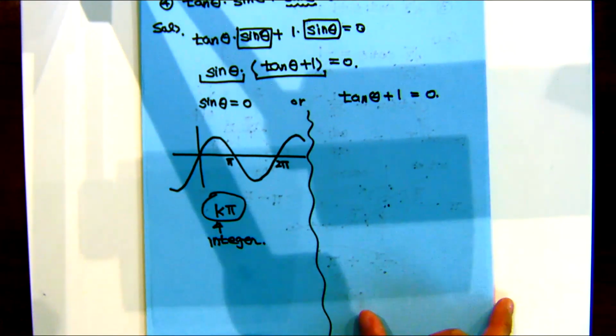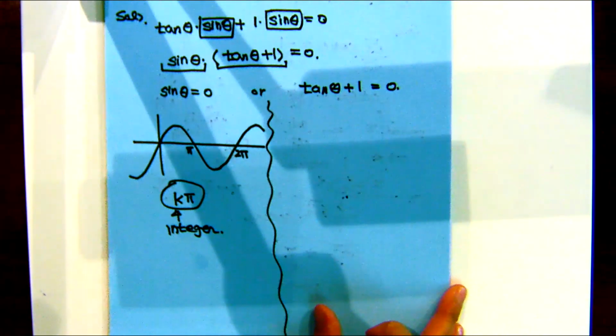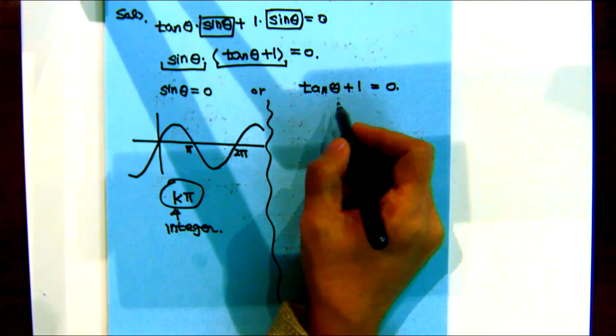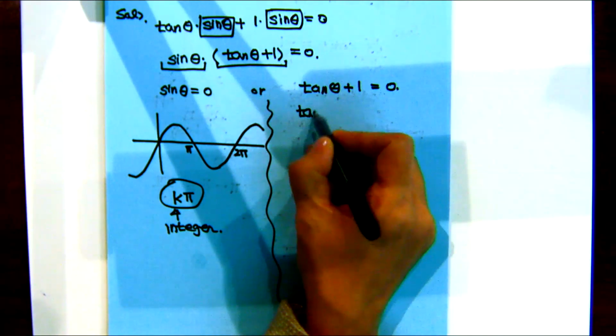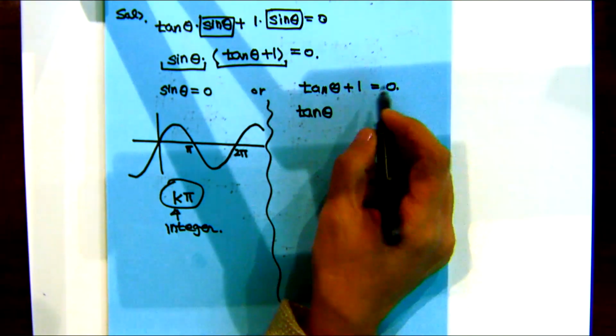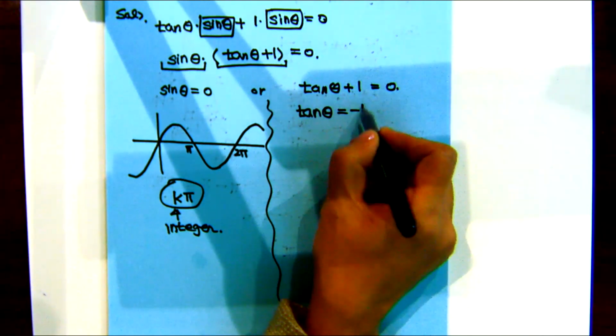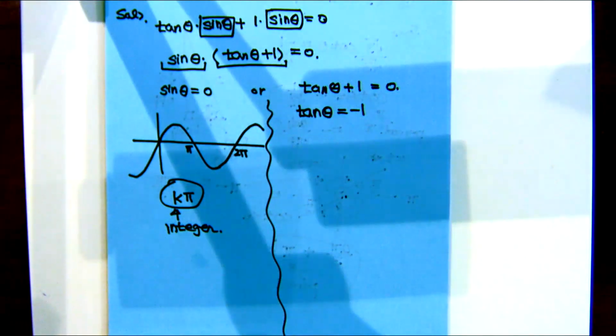So tangent of theta plus 1 equals 0. For this case, when we get tangent by itself on the left side, it becomes -1, right? And then we realize that tangent doesn't have any bound.